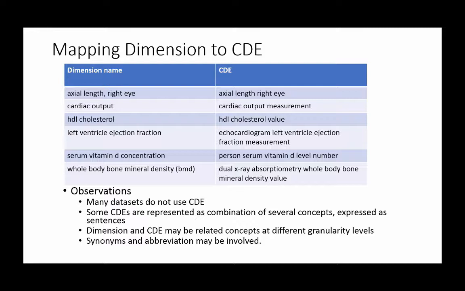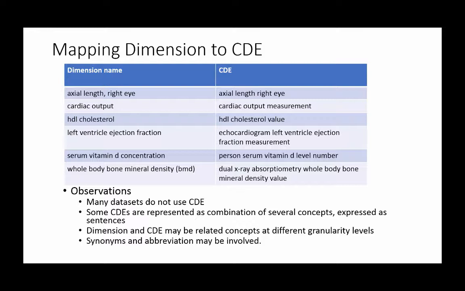But if you just do a simple string similarity match, you see those errors. This one is talking about non-HDL cholesterol, but this one is talking about HDL cholesterol. And this one is body weight at something, but this is a dissection weight at the first. So we thought those two were similar, but it turns out that's not what you want. So I see there's a lot of room for improvement for this kind of NLP approach.